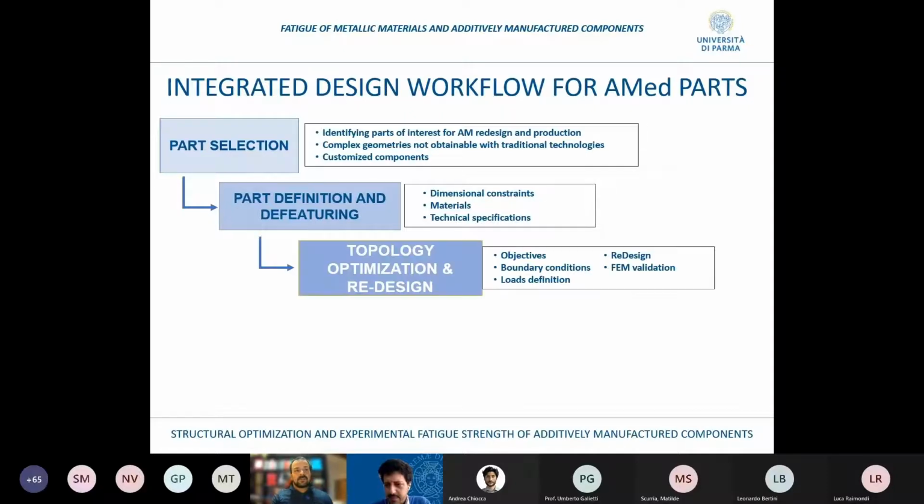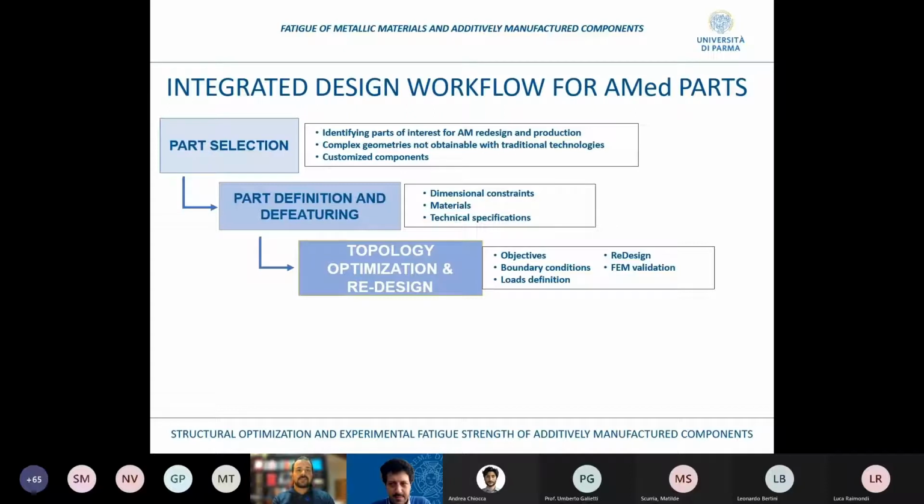After the part selection and definition, it is possible to introduce the optimization of the part, in particular in relation with topology optimization, and that requires the definition of the objectives of the optimization, the definition of the boundary conditions and the loads that are applied to the part.